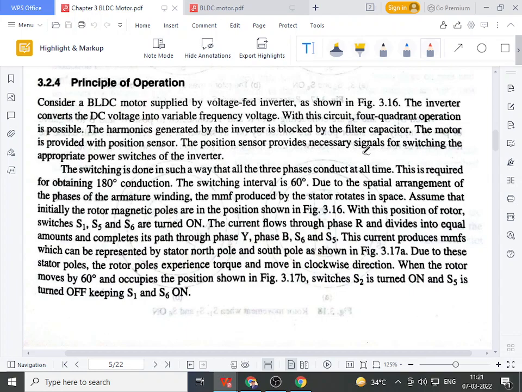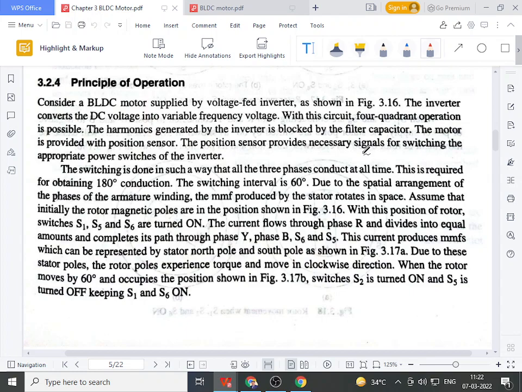Also, the signal which is received from the rotor position sensing element is generally used to turn on or to trigger the power semiconductor devices which are used in the power converter circuit. So the respective stator phases of the BLDC motor are generally turned on in a proper sequence, and for turning on those respective stator phases it is necessary to sense the position of the rotor.